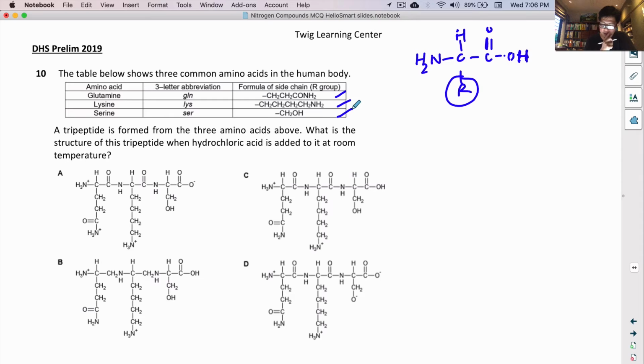The thing about the tripeptides is that they're all linked to one another, so it probably looks something like this. It will link this way.